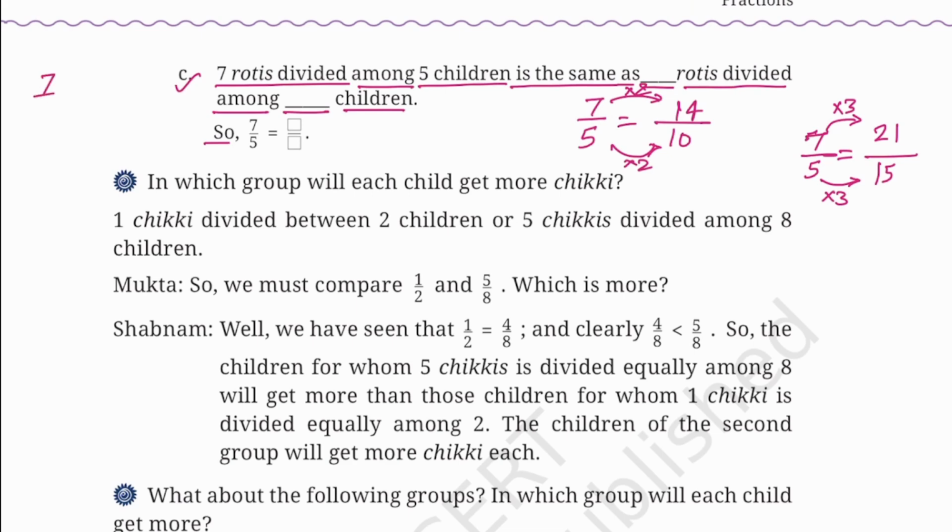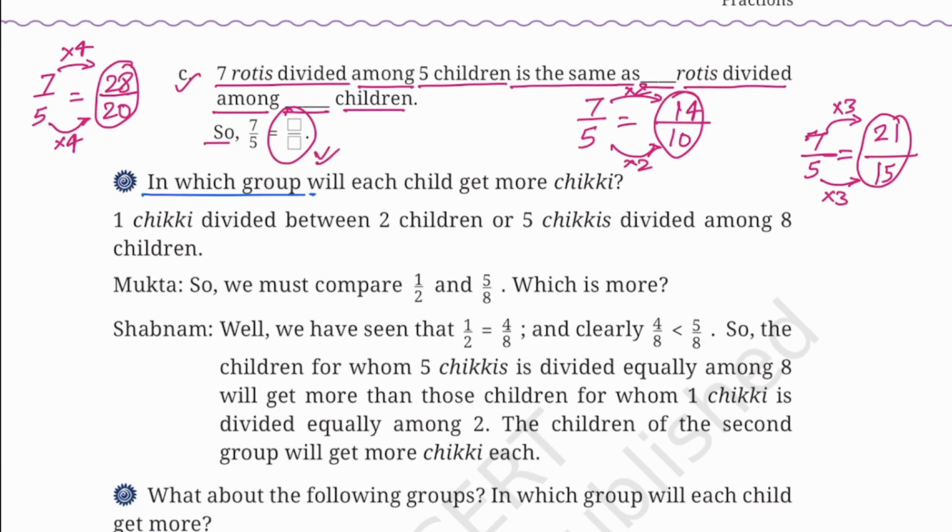If you quadruple the number of children, then you have to quadruple the number of rotis. So you can fill 14 upon 10 or 21 upon 15 or 28 upon 20, so on.